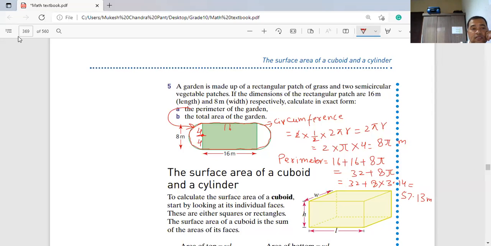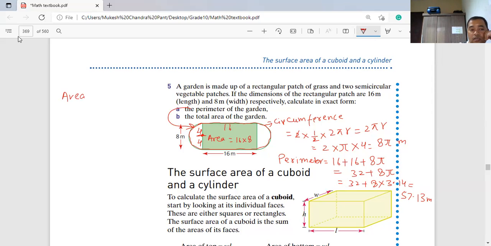Then we have to find its area. For area, L into B. Area will be 16 into 8 for this rectangle.